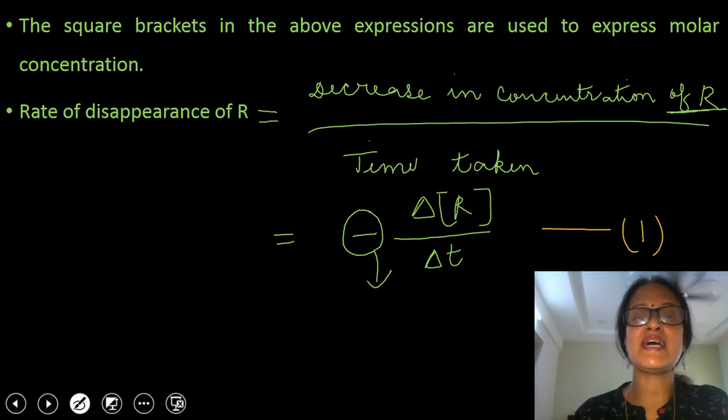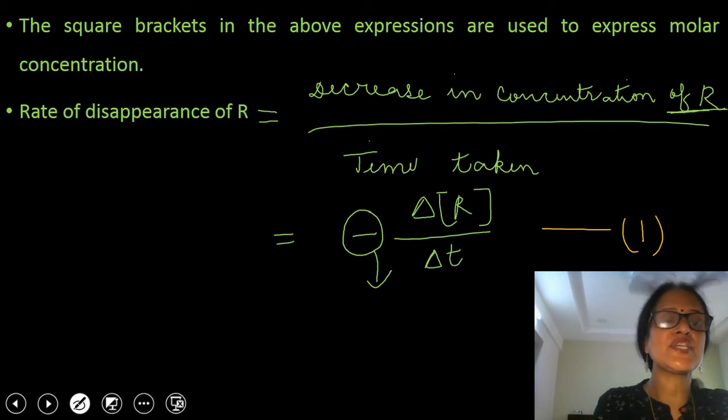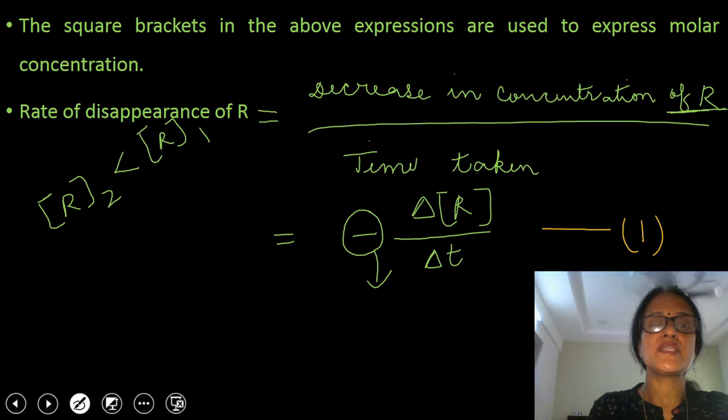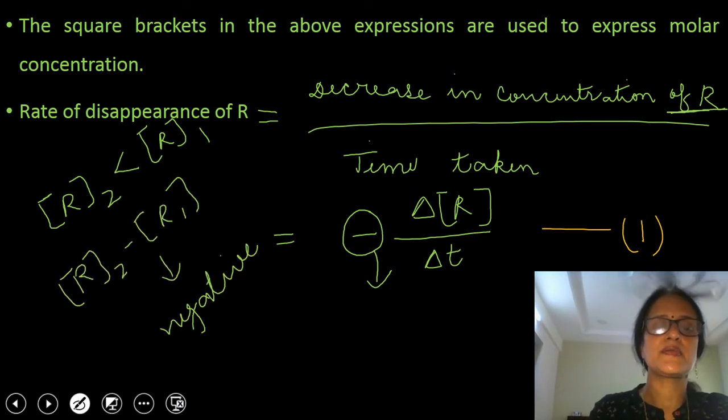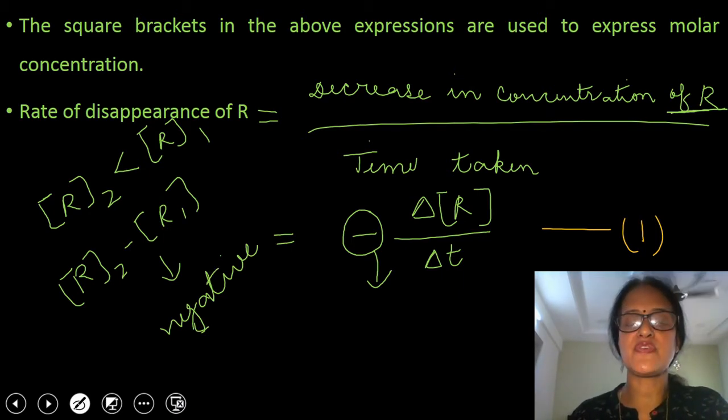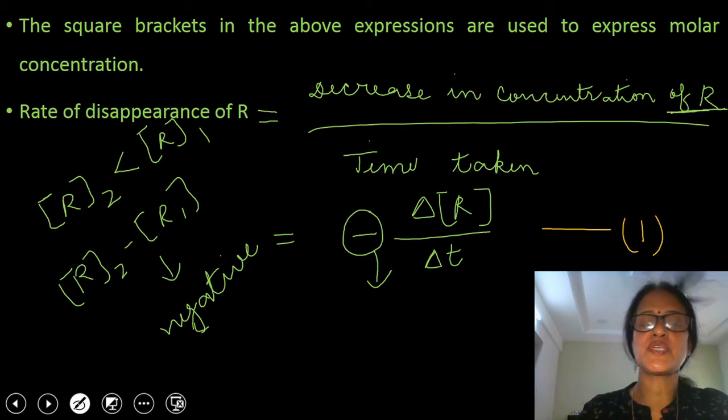As you know, as the reaction proceeds, the concentration of reactants goes on decreasing. So R2 is lesser than R1. As R2 is lesser than R1, the term R2 minus R1 will become negative. And as you know, rate is never negative. To make the overall term positive, this expression is multiplied with a negative sign.